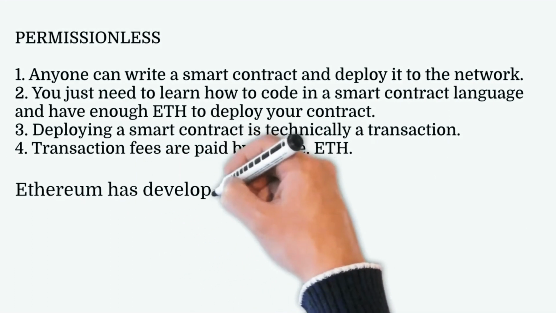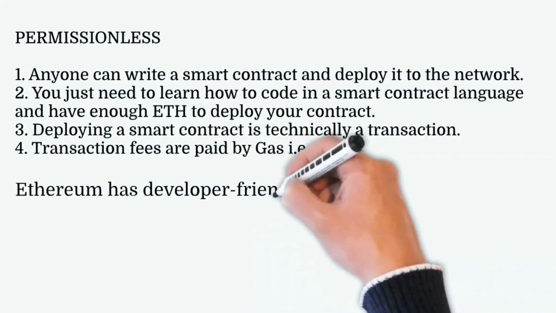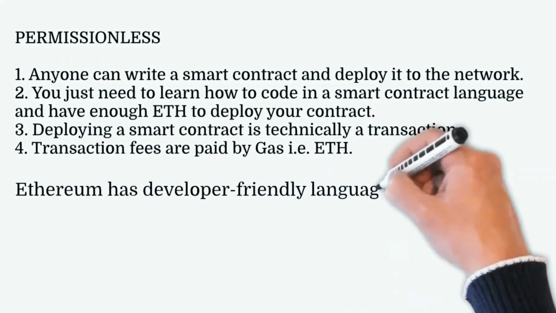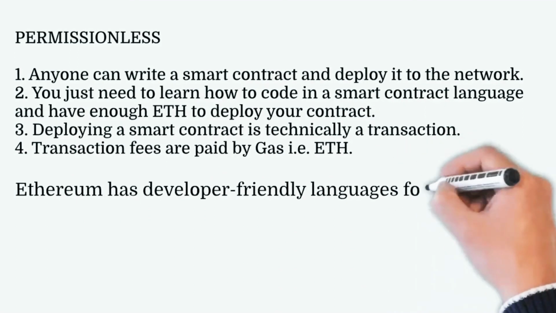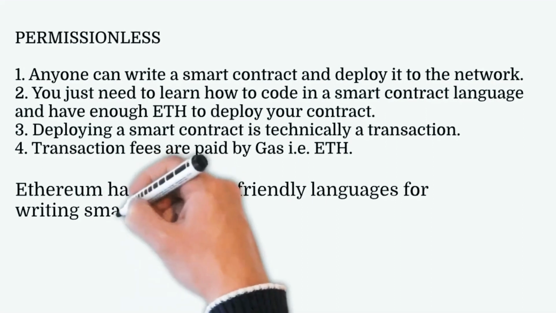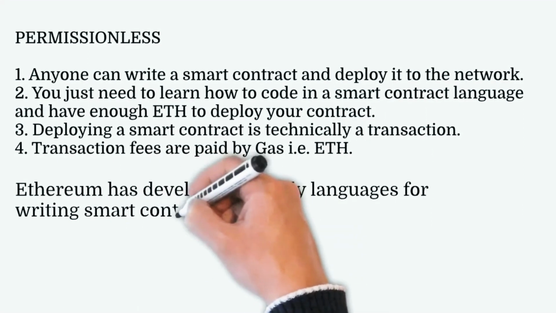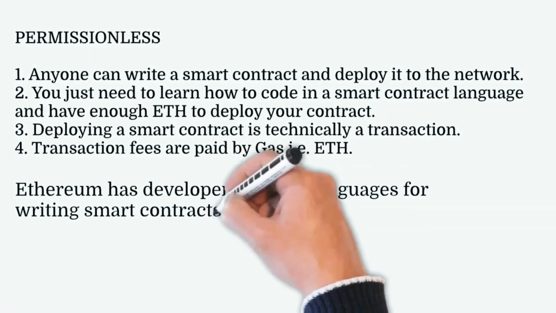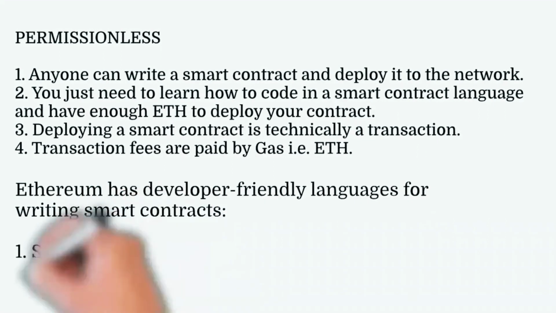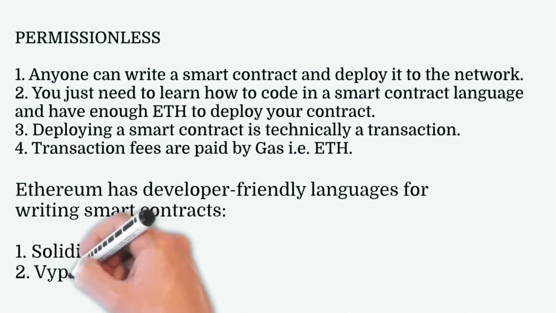Now, in order to write a smart contract, Ethereum has many developer friendly languages. But there are two major languages which are very popular, right? The very first language is Solidity, and the second most famous is Vyper.